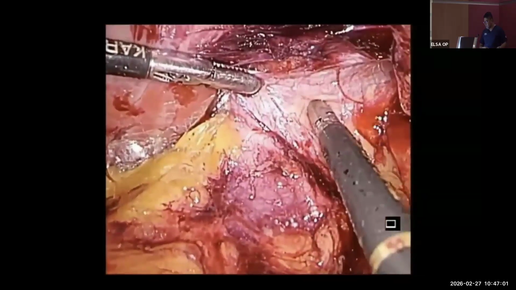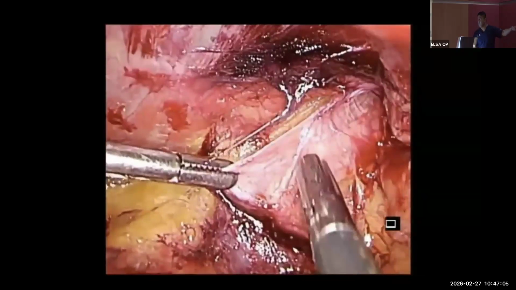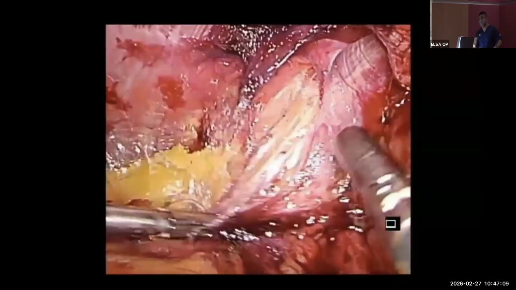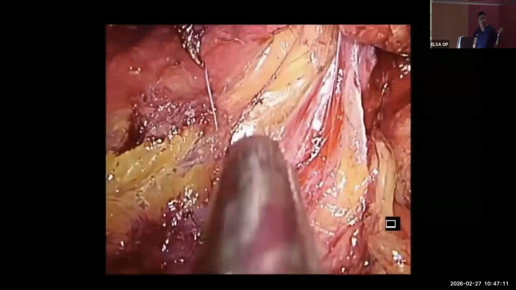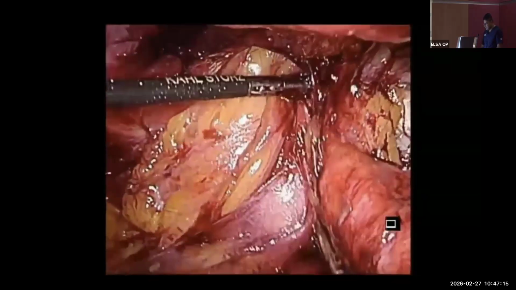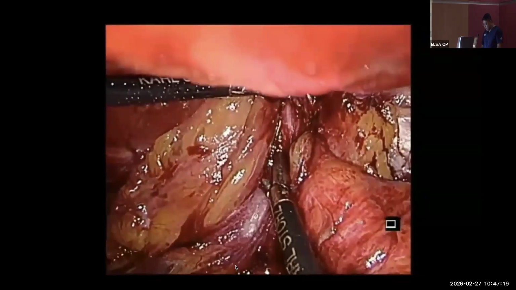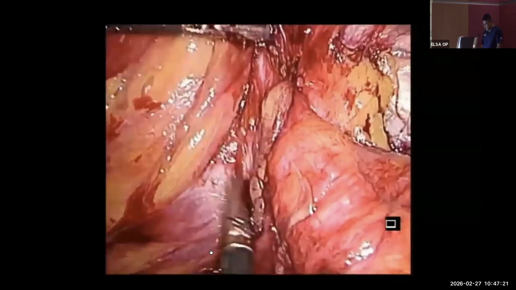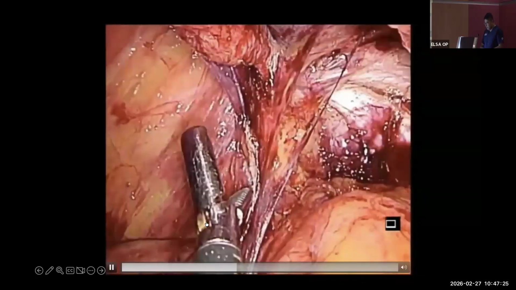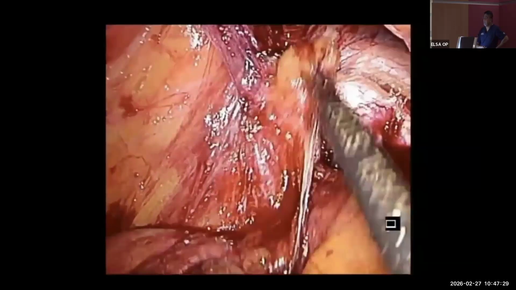Okay. So in TAPP, you start with the lateral, which is your zone 1, then you go to your zone 2, which is medial, then zone 3, which is dissection of the cord structures. The other thing, so this is parietalization of the peritoneum. So where are the limits of this parietalization?